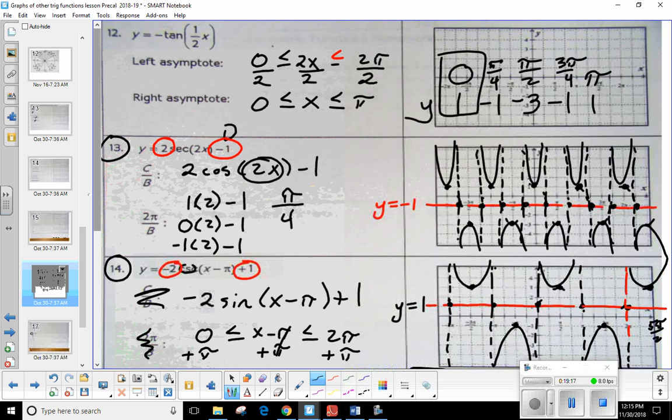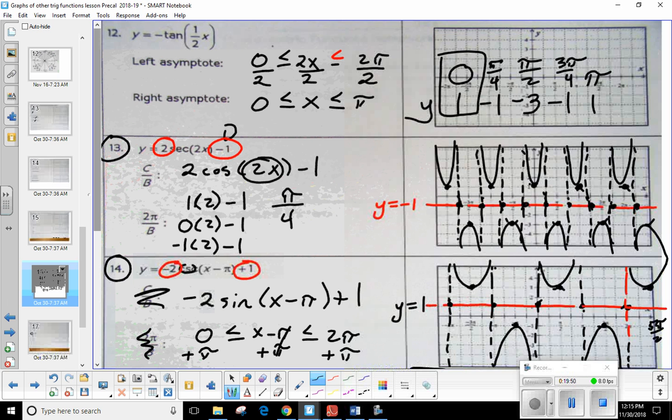Oh, you just kind of went off the graph? Oh, yeah, not filling the entire grid? Yeah, as long as you're showing me a couple of periods, you're fine. Yeah, that's fine. Okay, what do we think?